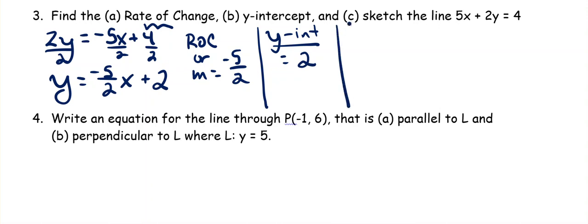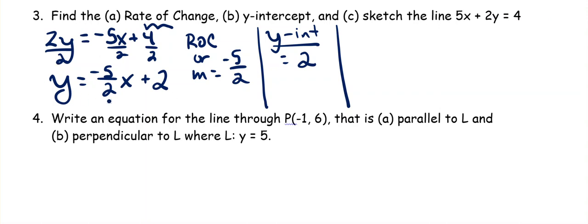And the third and final part, sketch the graph. Well, in general linear form, if you can get a couple of nice looking intercepts, you can use the intercept method to graph this, and it's not the end of the world, but I don't want to have to figure out where 4/5 is for the intercept.